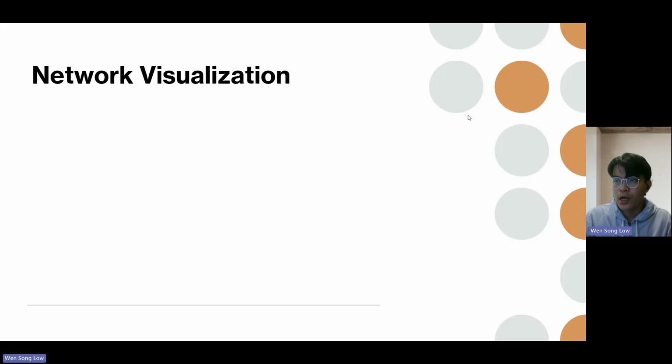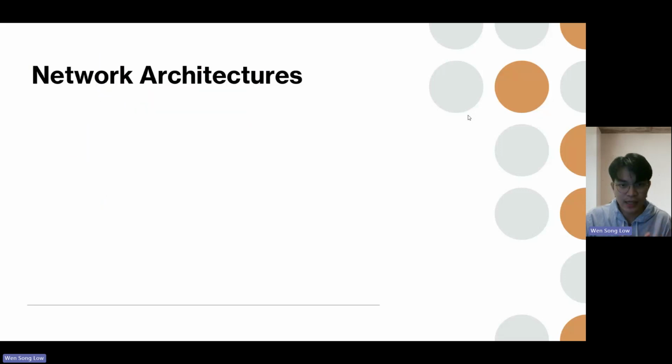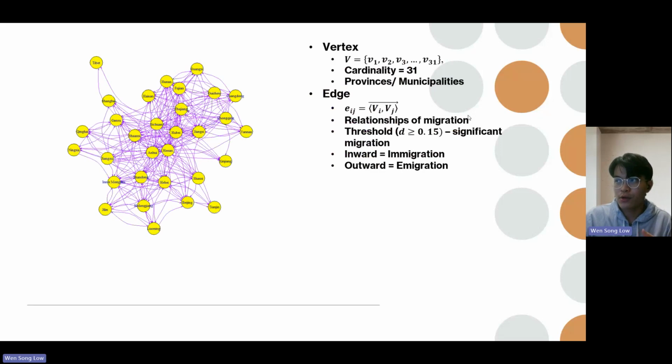So this is my network, and you can see that it is not a regular graph. This is because I modified the architecture before presenting it as a network. In order to describe the relationships, which are the edges, this is clearly a directed graph.